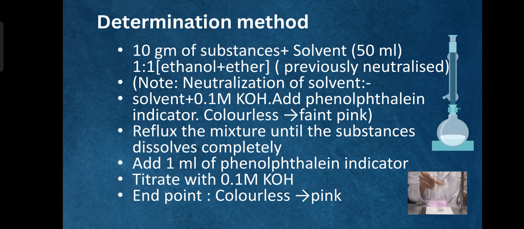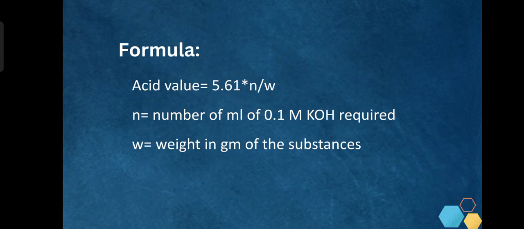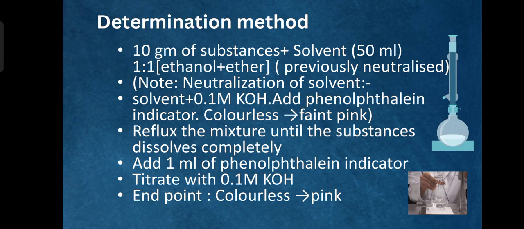So in this GIF you can see initially it was colorless, but as soon as we added one drop of KOH, it gets converted into the pink color. So drop by drop we have to add potassium hydroxide until it changes to a faint pink color, indicating that the free fatty acid in the substance is now completely neutralized.